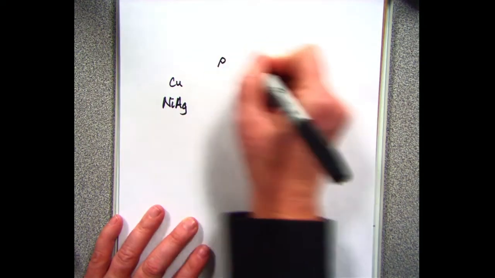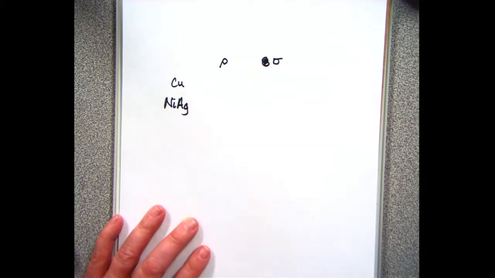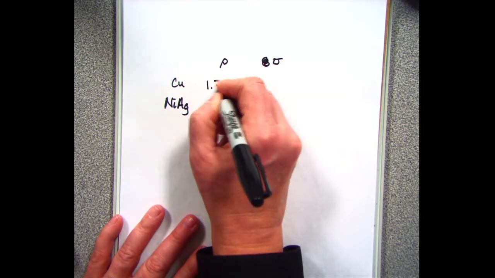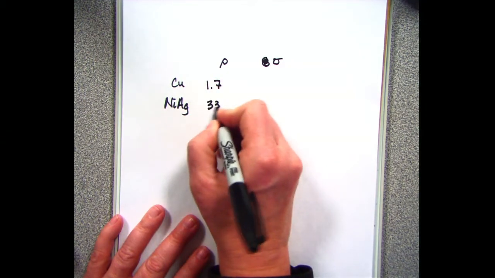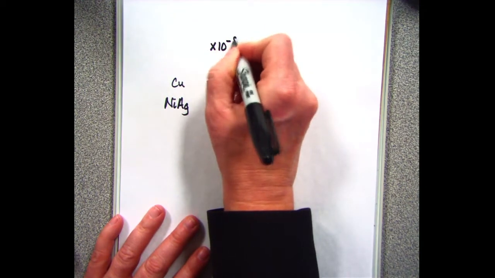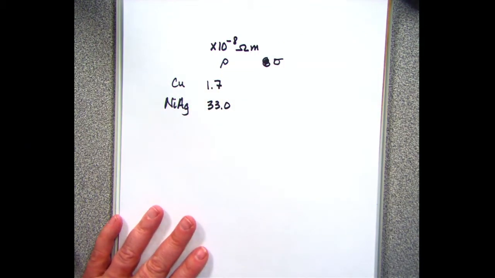Resistivity for copper is something like 1.7, and this will be like 33.0, but at the top, it's going to tell you times 10 to the minus 8 ohm meters. So if I just plug in the 33 in my calculation to get that resistivity, I'm not going to get the correct answer on WebAssign, because I have to go back to the top of the table to see the actual units that are in the table. And conductivity will be the same. It'll give you those units, and it'll give you something different.